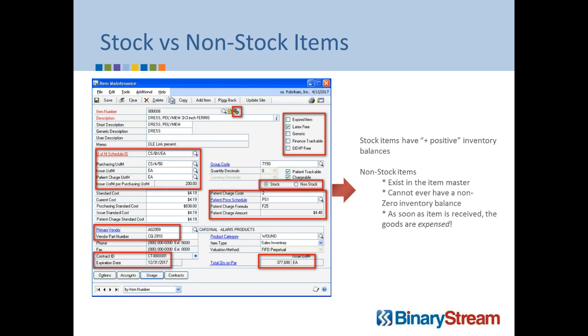So where this item might cost us, I don't know, $4.19 each, you can see the charge amount is $4.48. Well, that's probably a pretty low number. Markups in healthcare are a lot higher, but you can see the idea is that you're going to take the cost and mark it up to some type of billable patient amount.